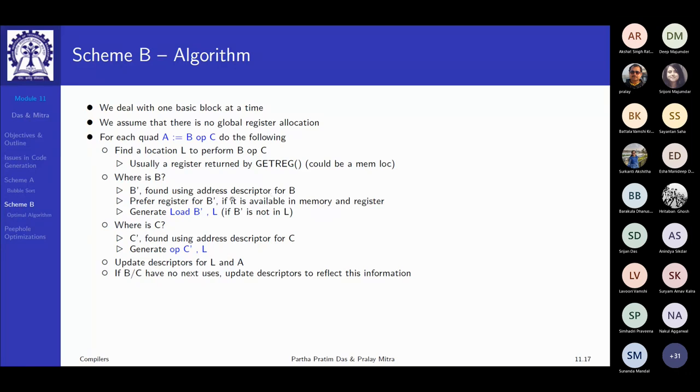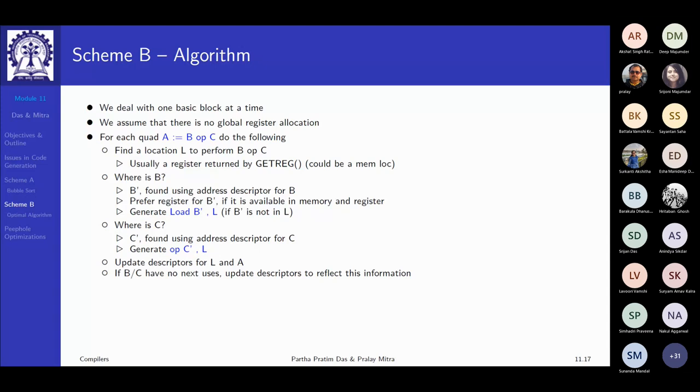Now the next question is, where is B? Unless I have B, I cannot compute. B can be found in the address descriptor of B. The address descriptor will tell us what are the locations where B is available, because B must be available, otherwise this computation has no meaning. If there are multiple, then we will prefer a register for B prime if it is available in memory and register as well.